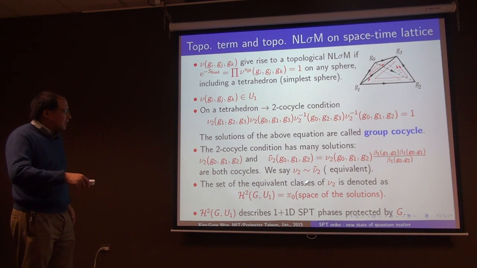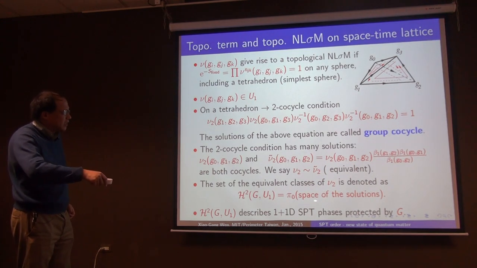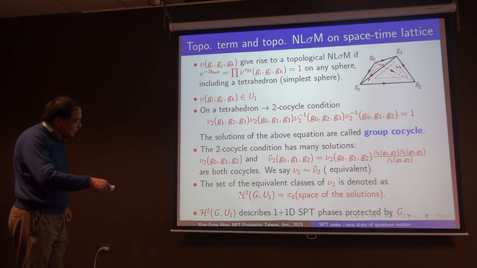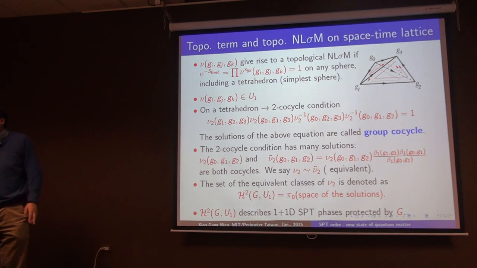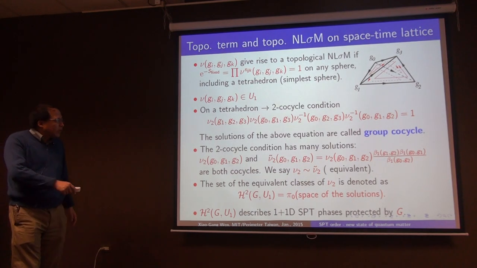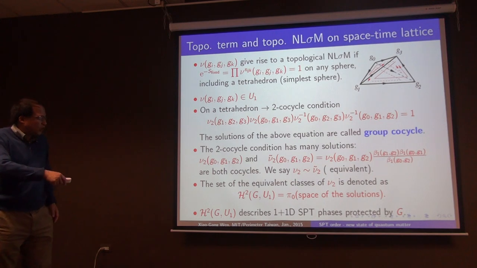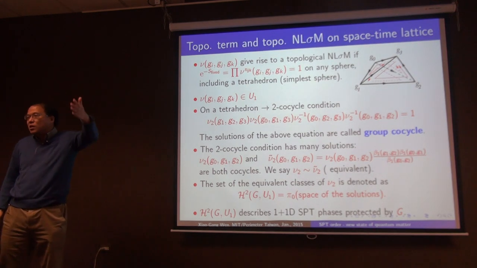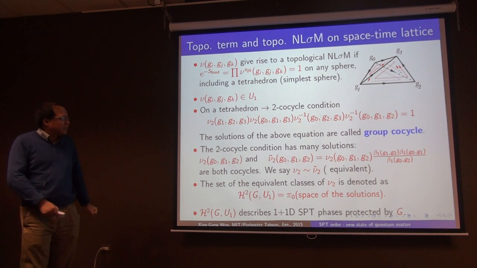And then the quotient, after we quotient out this coboundary, of this pi 0 of this space of solutions is this H. That's group cohomology. That's the definition of group cohomology. And so we can see that group cohomology simply describes different classes of 2-pi topological terms.